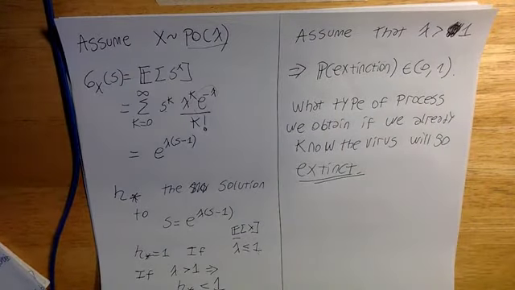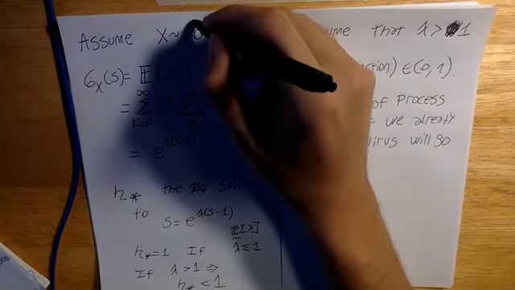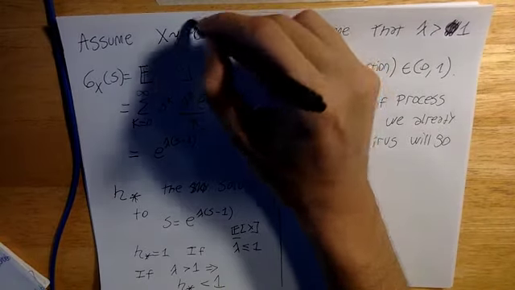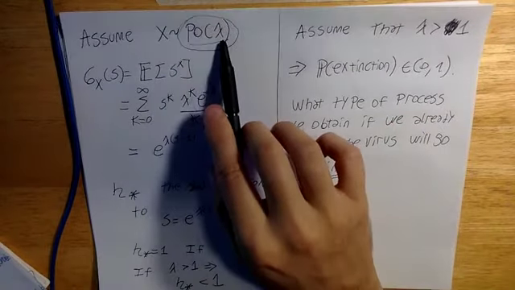So this would be the other way around. Let's say that we look at historical data in which we look at a virus that we know, and we know that the virus eventually went extinct. And we assume that the virus was spreading with a Poisson with parameter lambda.